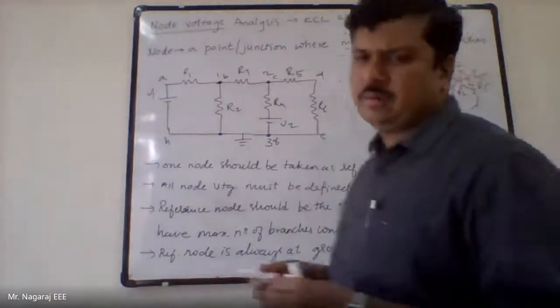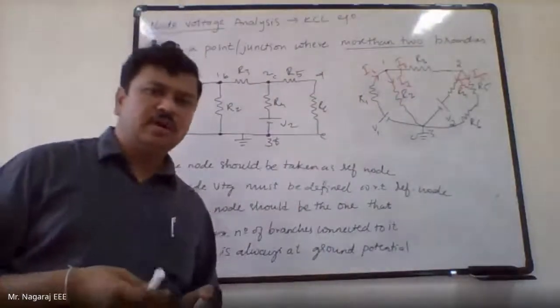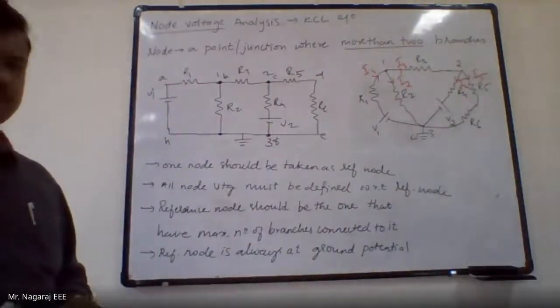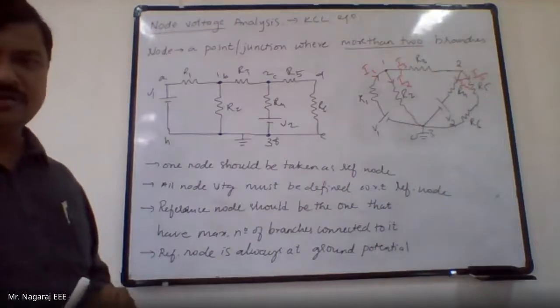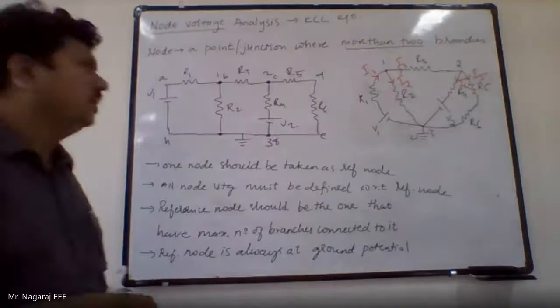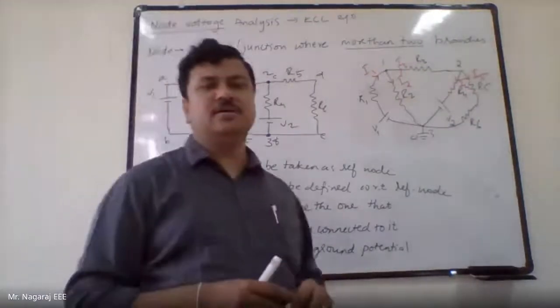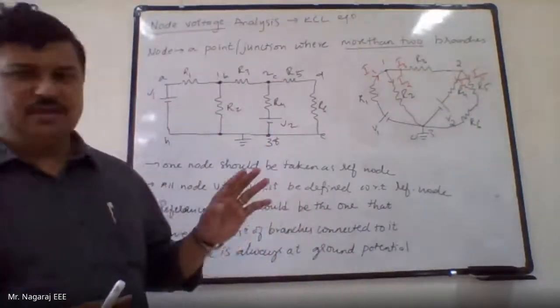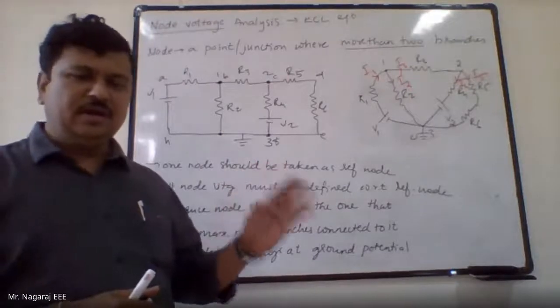No doubt, if you apply KCL to the node and then assign the currents, it is fine. There is no problem at all. Even if you don't do that, it's fine. But ultimately what will happen at the end? At the end, my current directions will change.